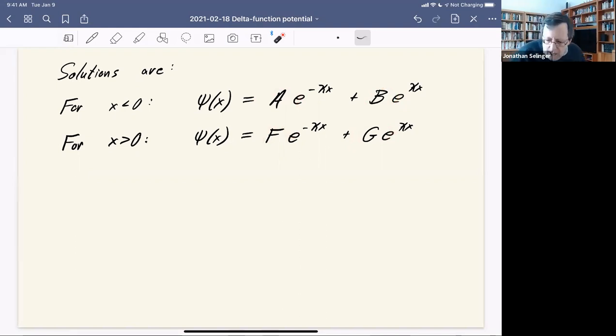And so you know we've done that in lots of problems, right? So for example, for the particle in a box, right? When we go to the boundary conditions, that told us about whether you can have sine or cosine solutions, right? So let's go to the boundary conditions.